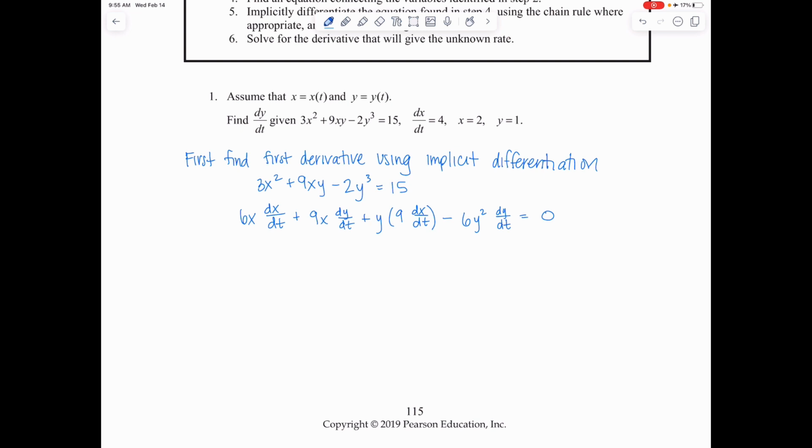Now we'll substitute in all of our known values and we'll be able to solve for dy/dt because that's what we're looking for.